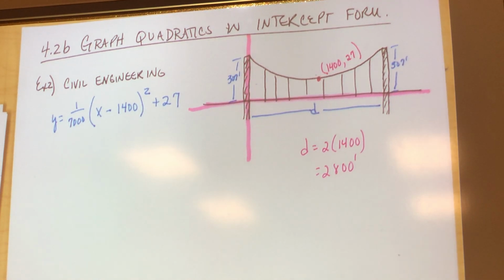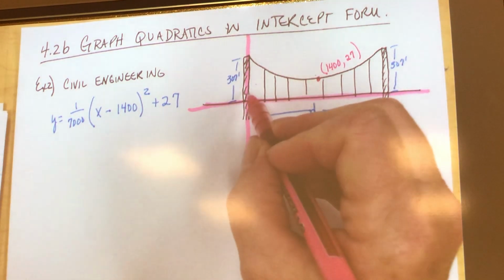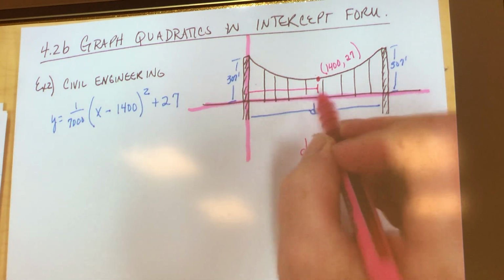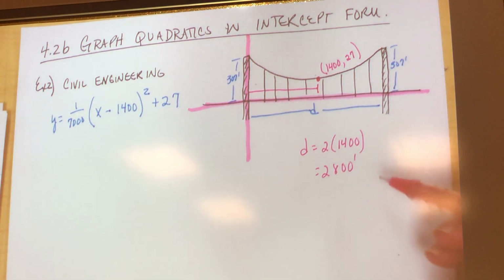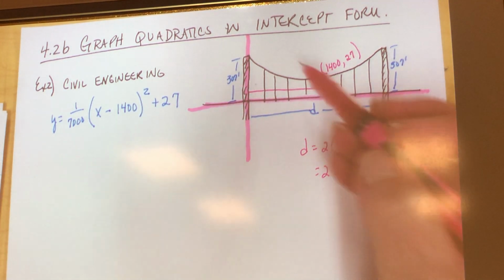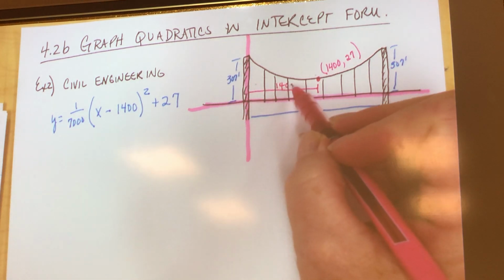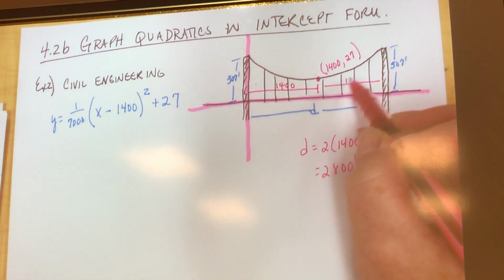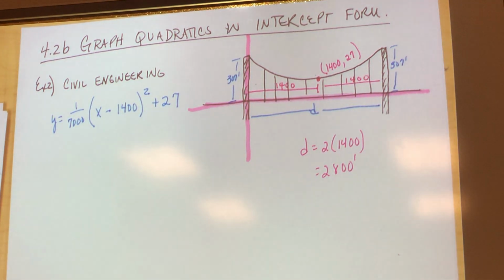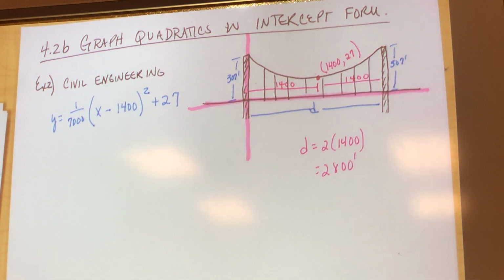That's just a present in a box. Okay? Why are we times 2? Because 1,400 only goes halfway. 1,400 is from here to here. And the vertex is where in our parabola? Right in the middle. So if this side right here is 1,400, then this side right here has to be 1,400. Okay? So the distance between the towers will be 2,800.